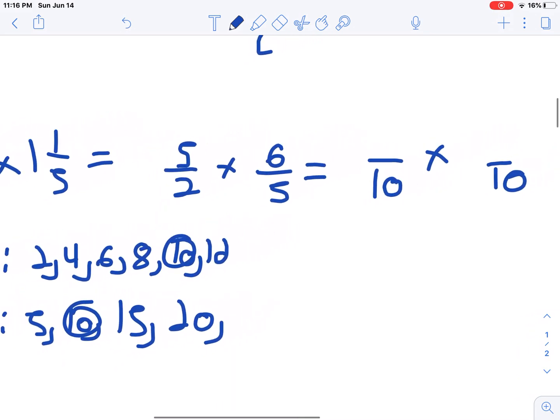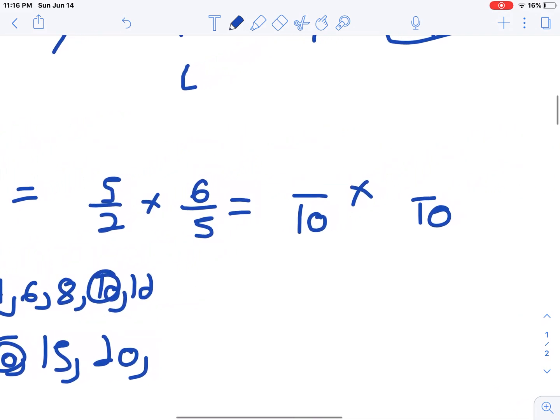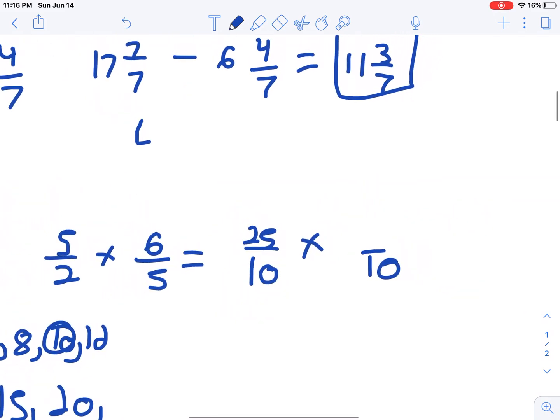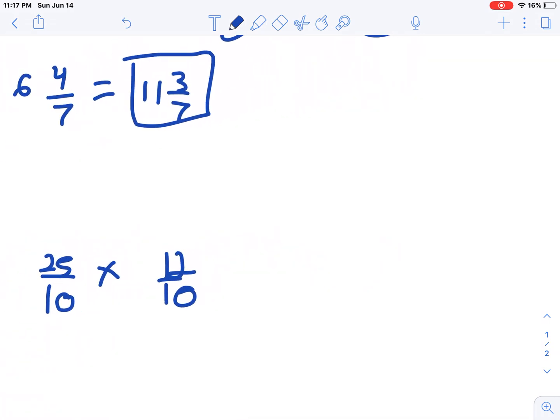And then, 2 goes into 10 5 times. So make that 25. And then twice, so 12. And if you add them together, I did this before. So it equals 310.